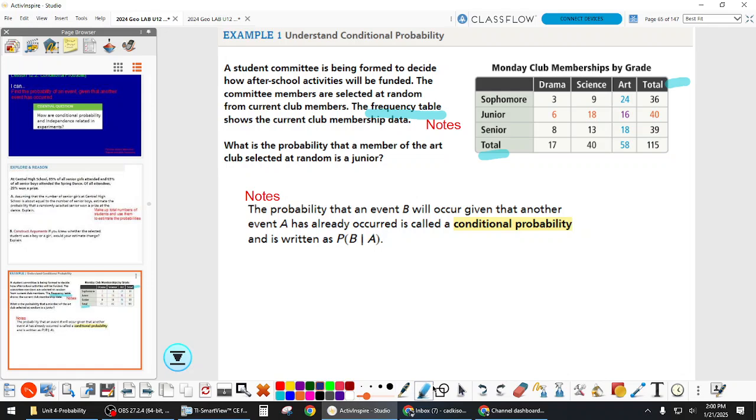Next thing I want to point out is this row and this column are totals. So our data is really just this 3x3 table. That's our data. The rest of it is just adding stuff up. Okay? And then specifically, tell me what that number is right there.